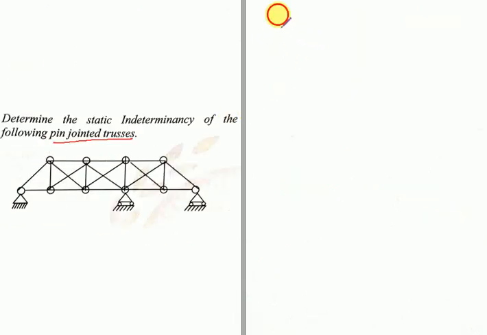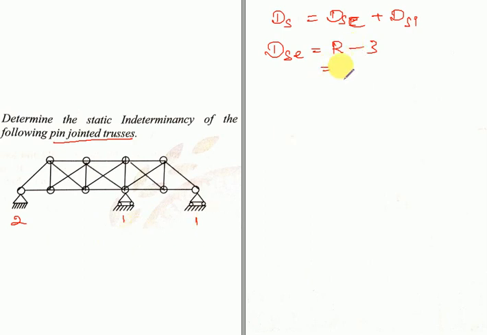Ds is equal to Dse plus Dsi. First, Dse is equal to r minus 3, where r is the total number of reactions. In a hinged support it will be 2, in roller supports it will be 1 each, so 2 plus 1 plus 1 is 4, and 4 minus 3 is equal to 1.